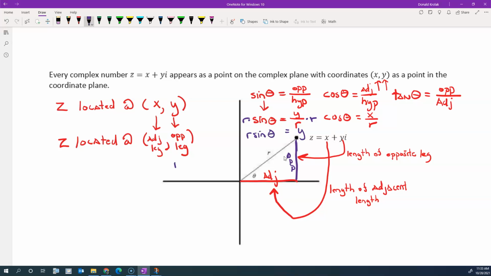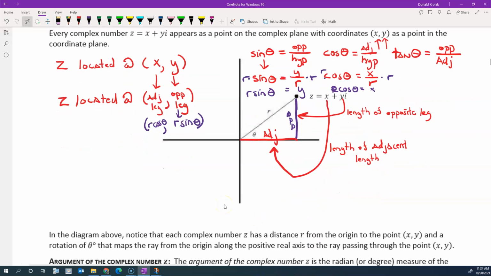So this becomes r sine theta. And do the exact same thing to this: multiply both sides by r, and I get r cosine theta is x.